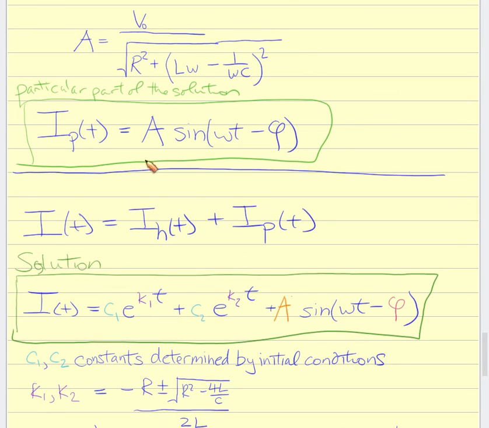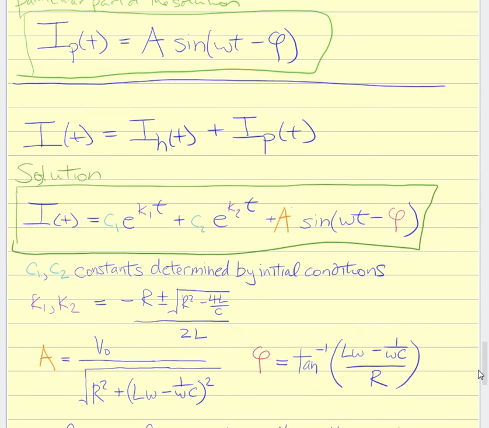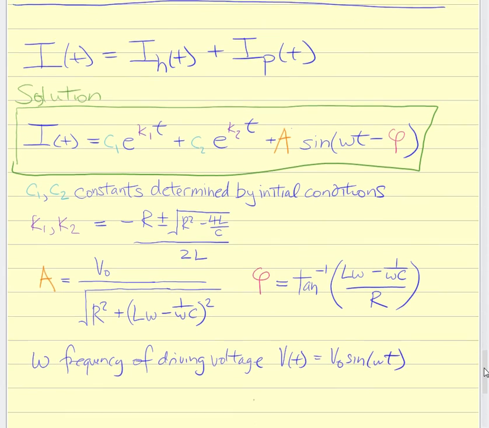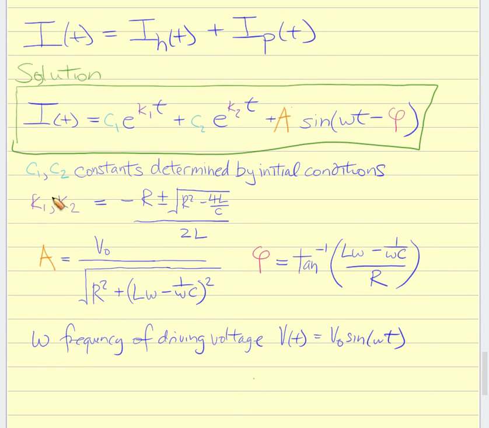Added to our particular solution, which is A sine(omega t minus phi), combines to our final solution here, homogeneous part and particular part. And rewriting all the information that we've gathered below it, we have C1 and C2 are constants that are determined by initial conditions, which I don't really talk about.